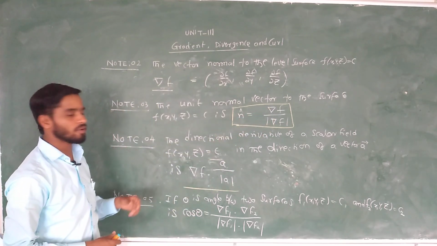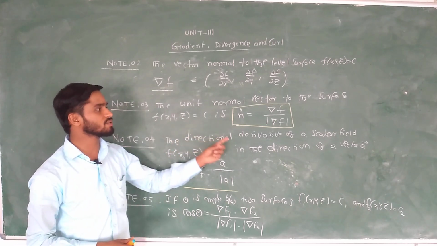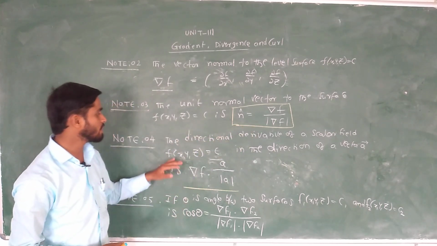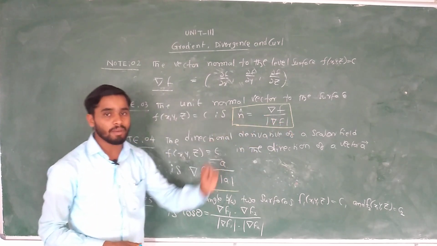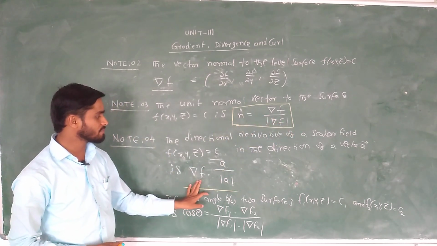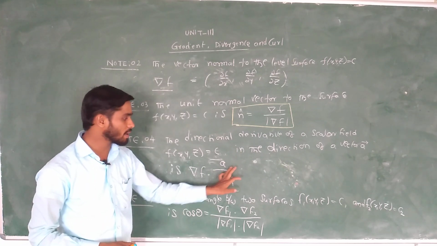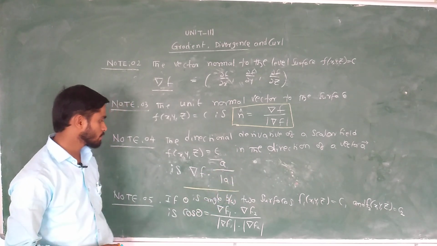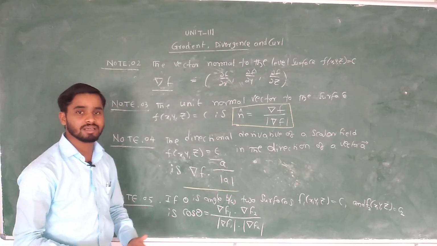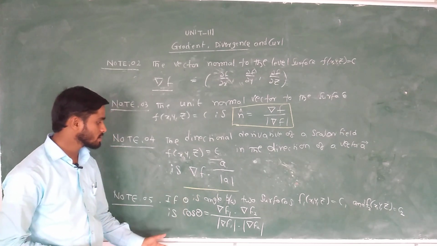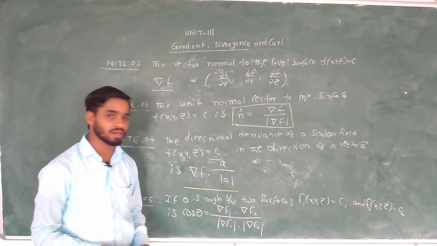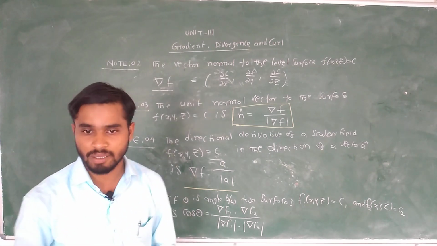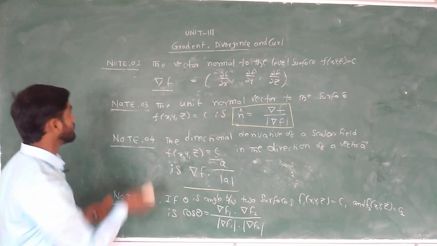And notice number 4, the directional derivative of a scalar field f of x, y, z equal to c in the direction of a vector a bar is given as del f dot vector a by magnitude of that vector. If you want to compute the angle between two surfaces, cos theta is equal to del f1 dot del f2 by magnitude of del f1 and del f2. Quickly we will solve one problem, then you will understand.